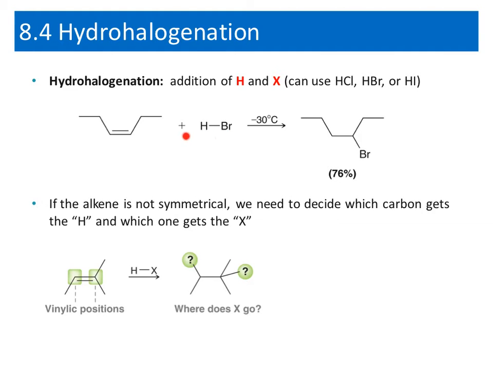So for example, if we take HBr and the alkene, we are going to break the pi bond, and instead of the pi bond, we are going to add hydrogen and halogen across the carbon-carbon bond. Now, if the alkene is not symmetrical, meaning that we have different groups attached on both sides of the alkene, we need to decide which carbon gets the hydrogen and which one gets the halogen.